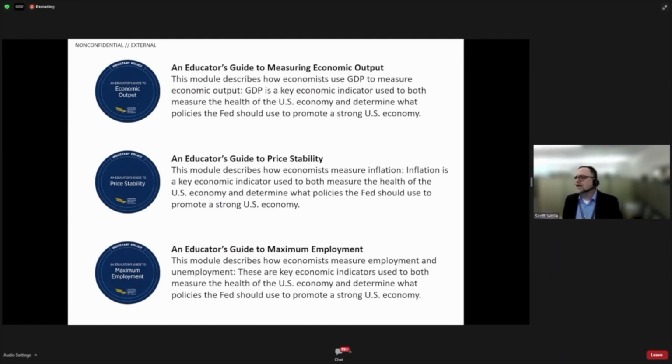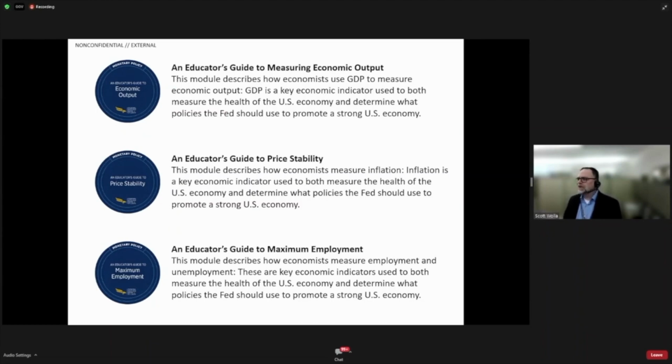So the first one is Educator's Guide to Economic Output. Our system works in Canvas, so you'll go in, you'll watch a video, you'll read some content, you'll take a few quizzes to ensure that you have a good understanding of the content, and then you'll pass on to the next module, which is on price stability.